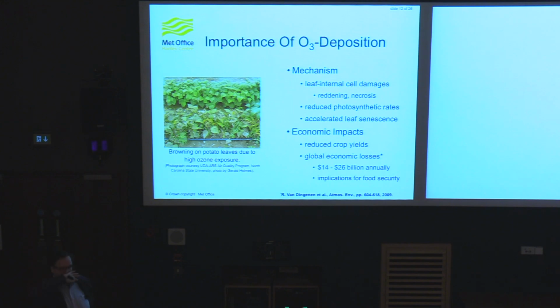So apart from the fact that, as Fiona showed in her talk, a reduced carbon assimilation has impacts for the climate in terms of radiative forcing, the reduction in the effectiveness of photosynthesis has also implications for agricultural productivity, for food security, and that's another reason why we are actually interested in representing this process as accurately as possible, because we need to estimate these kinds of effects in the future as well, because we need to inform policymakers about what's going to be the capacity of food production in the future.